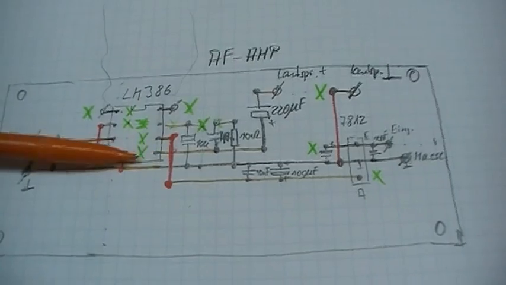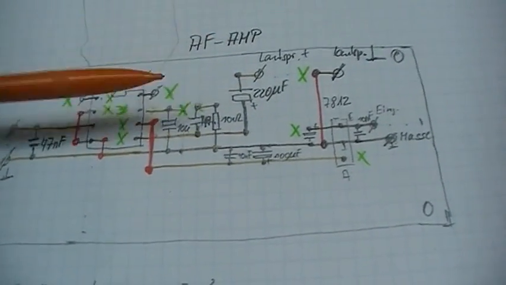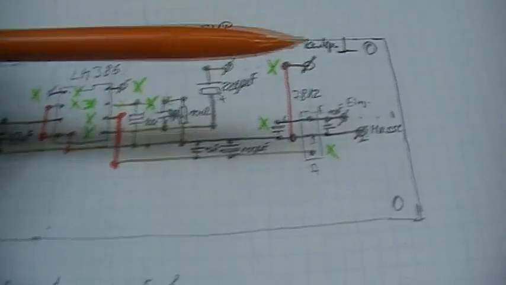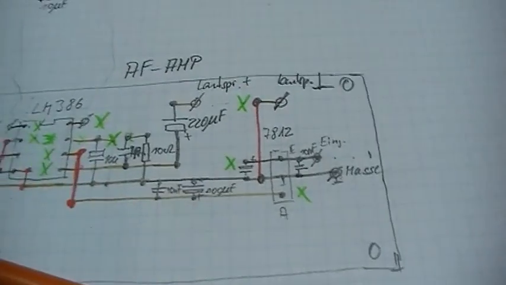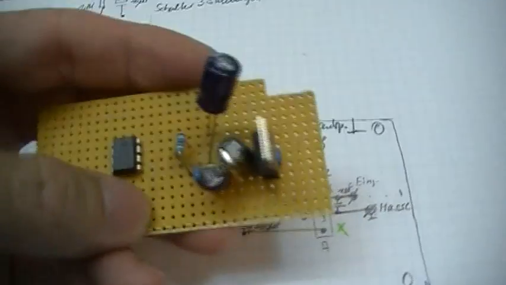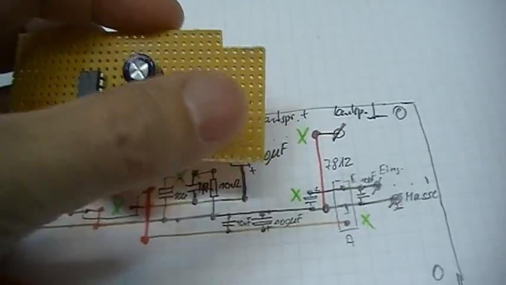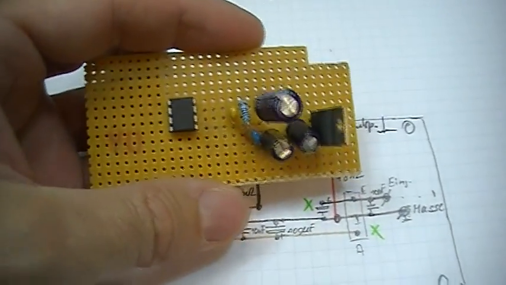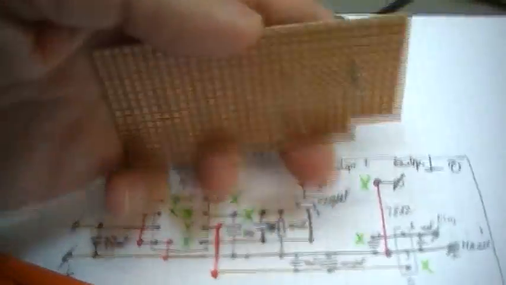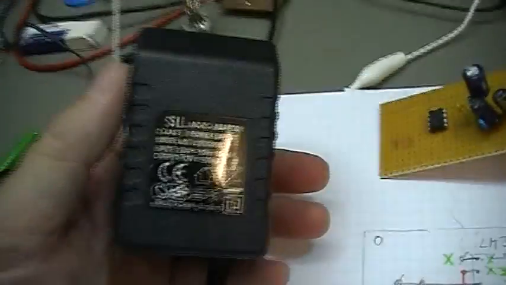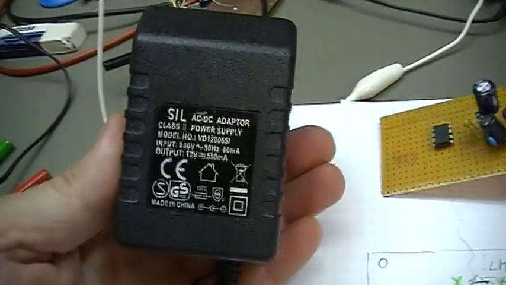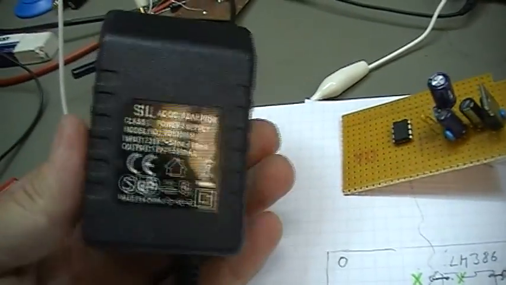So the IC and the capacitors, the resistors, and whatever. Here we have a voltage regulator, which will sit here, as you can see. And I'm going to start soldering it, and afterwards we can check if it works. Additional to that, I found in my stock a little transformer.